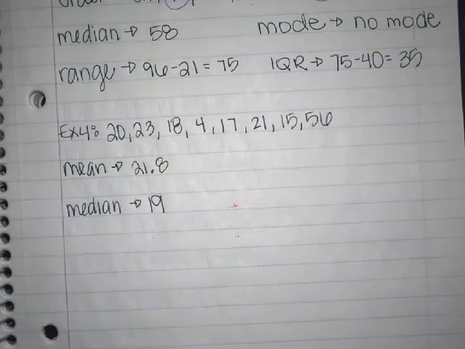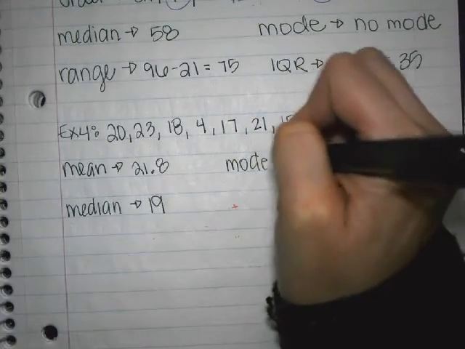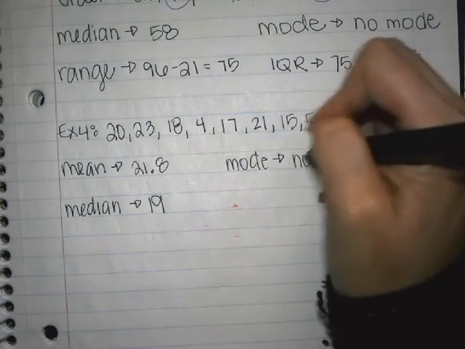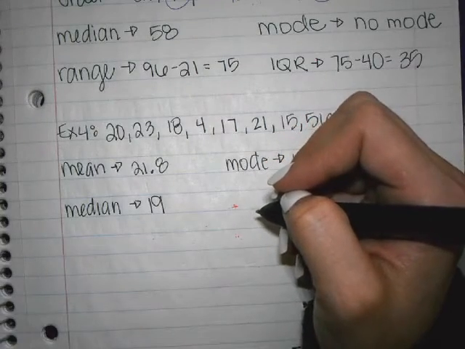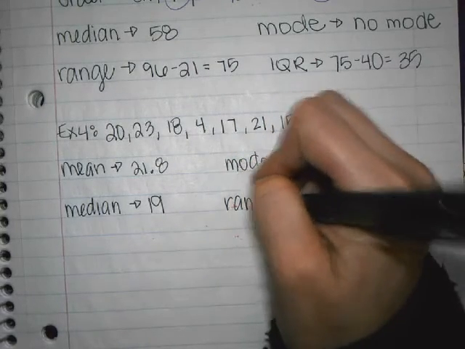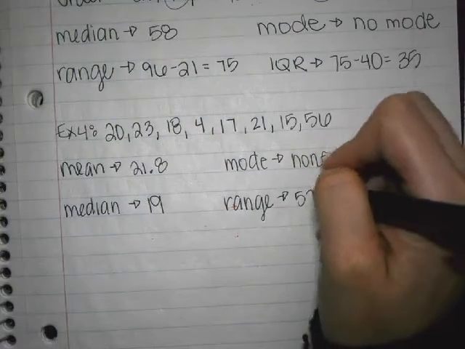I said it was 19. That is correct. It is 19. What's the mode? There is none. What's the range? 52.